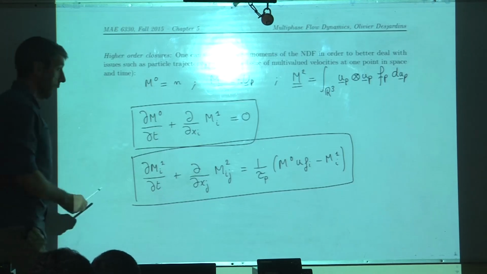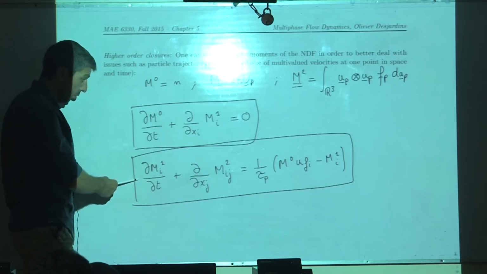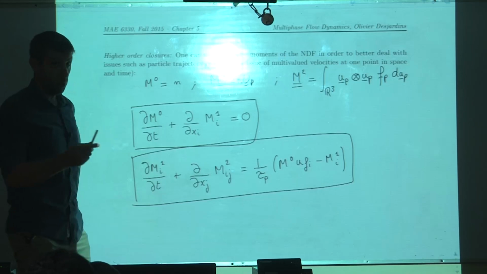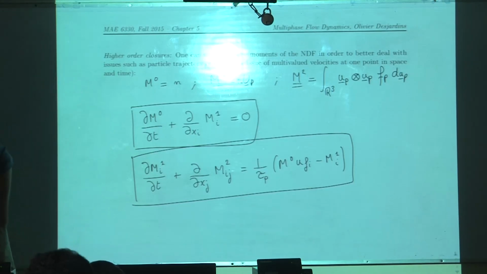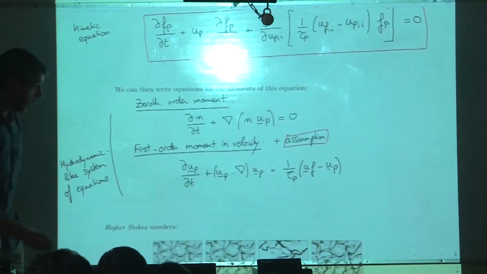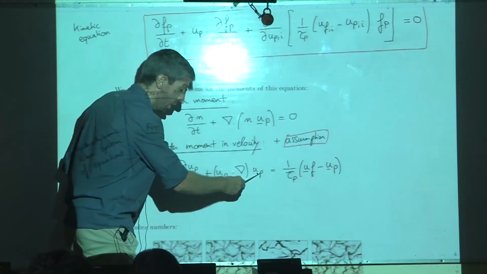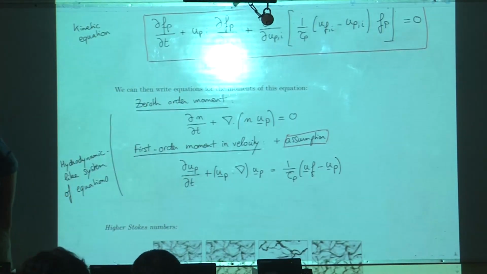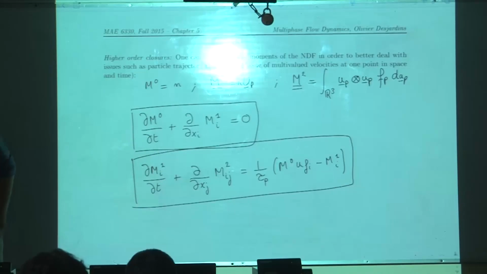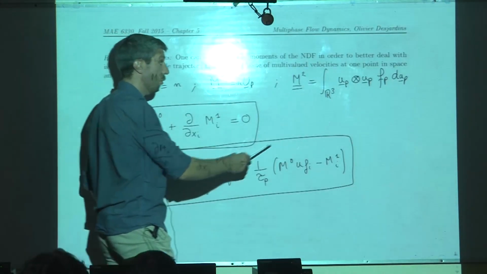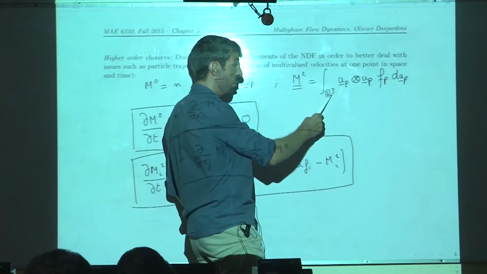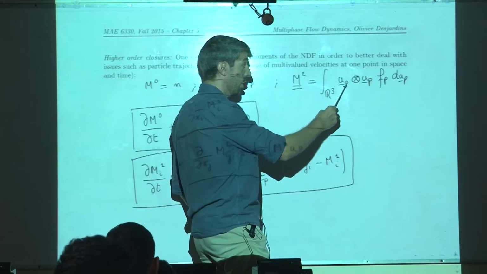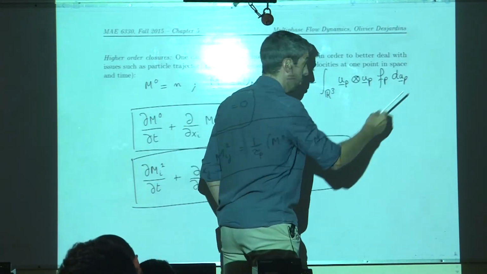So this is just the story here. Zeroth order moment, first order moment. What I wrote on the previous page is not that. What I wrote is up.grad up, what I should really have is the divergence of the integral over all possible velocities of up dyadic up times fp dup.